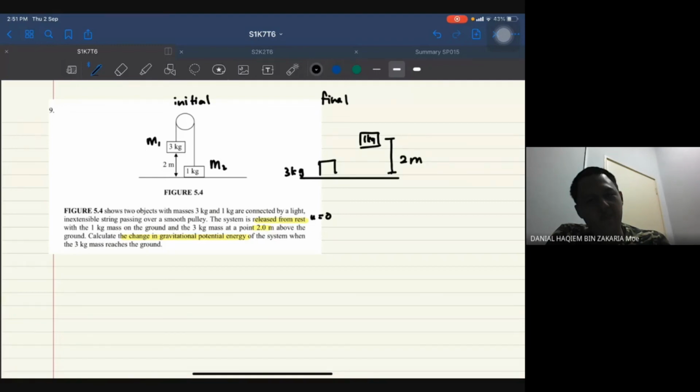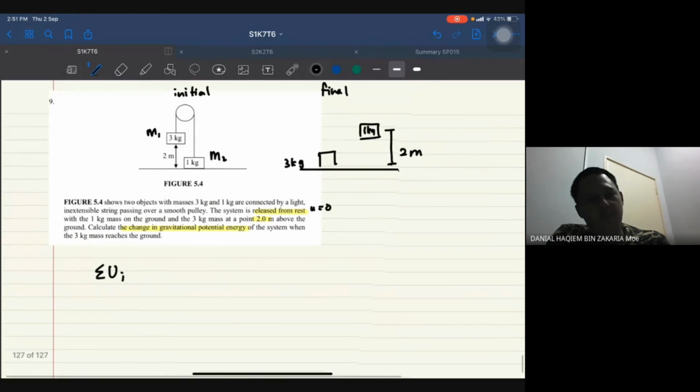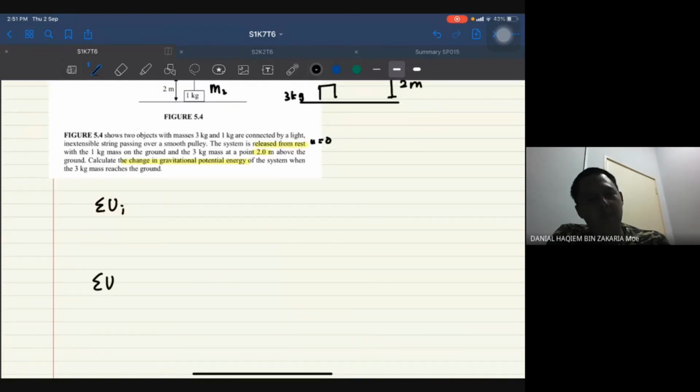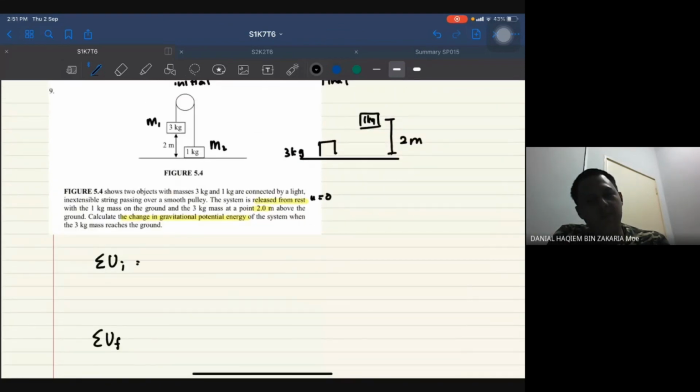So, for the question we have to find summation of U for initial and summation of U for final, so that you can find the difference. Okay, so delta U is basically U final minus U initial. So this is the idea lah. So you need to find initial and final separately. To find initial, you assume that this one is our 0. Okay, assume this one is height equal to 0 as well lah, so that potential over there is 0.